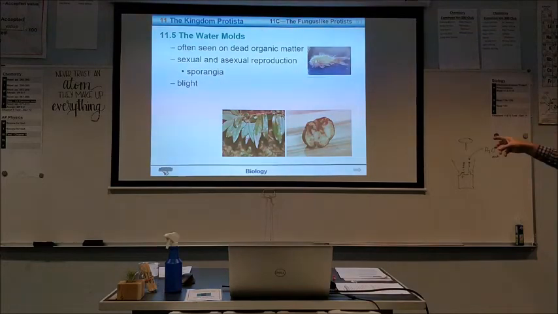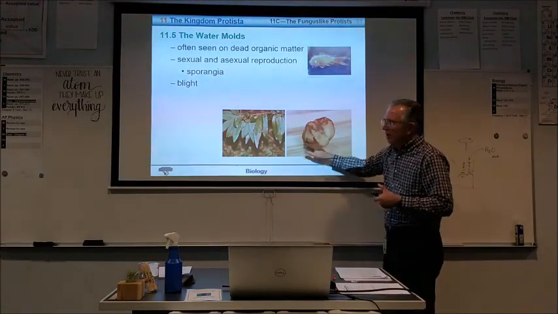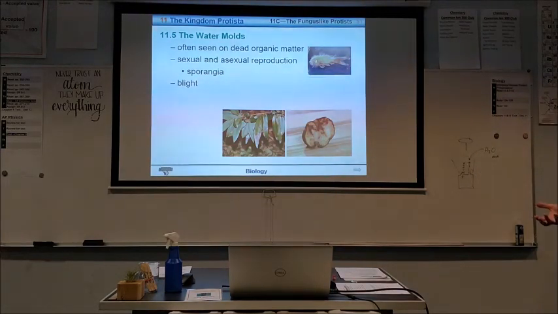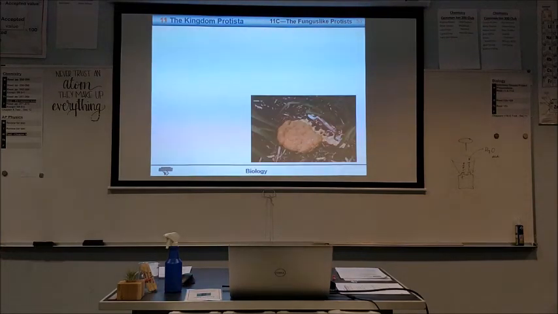And then over here would be blight on fruit and stuff like that, which may happen at the same time when you have too wet of conditions. So rain's a good thing, but too much rain can also cause things like this.